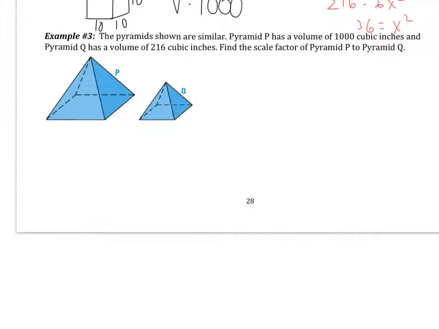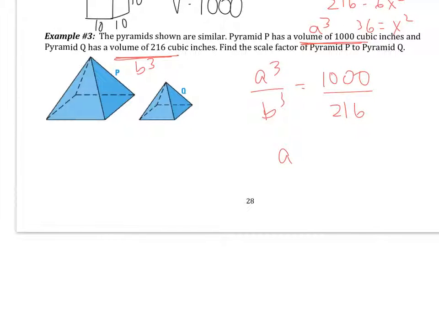Key things that we're focusing on: volume and volume. Volume is A cubed, volume is B cubed. So if A cubed over B cubed equaled 1,000 over 216, they want us to figure out what A and B represent. What do we do?